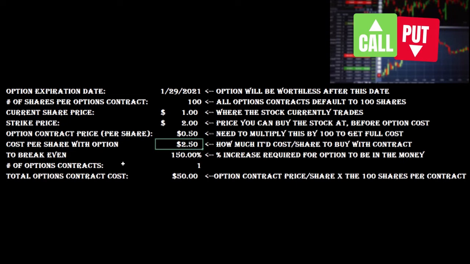So if you were looking at this and you were saying to yourself, hey, I believe this stock is going to go to $5, maybe that options contract makes sense to you. Keeping in mind that you'd be getting that for $50, and if it expires worthless, it expires worthless. But that's an example of how that works.